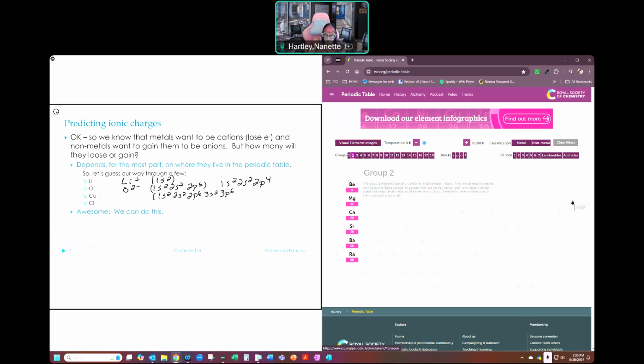That's the argon configuration. And then beyond that, he has 4s2. I lose the 4s2 to become like the argon configuration, which ends in 3p6. Okay, so my Ca has become a 2+. Right? And that's my electron configuration there.